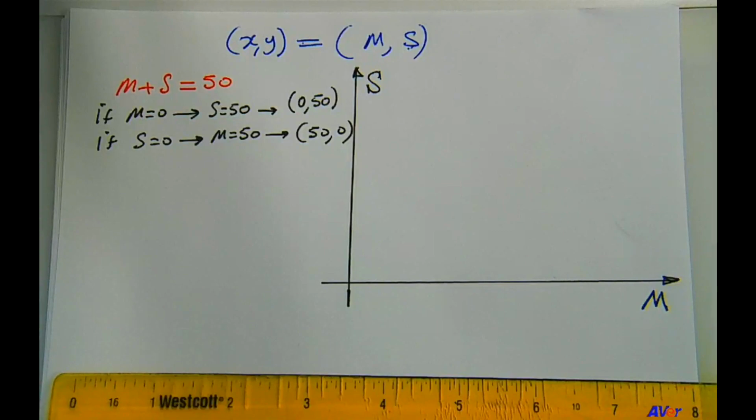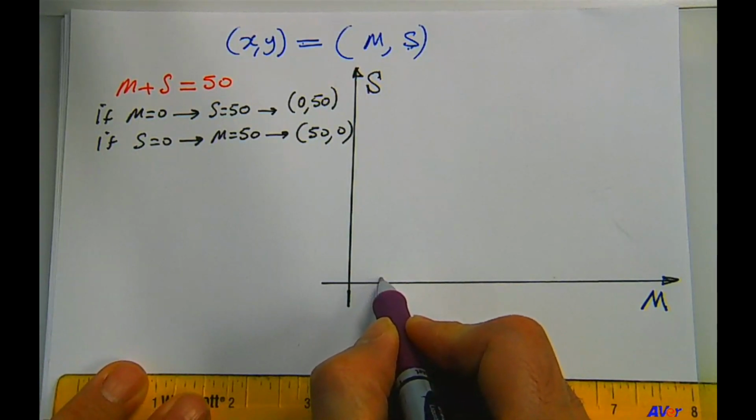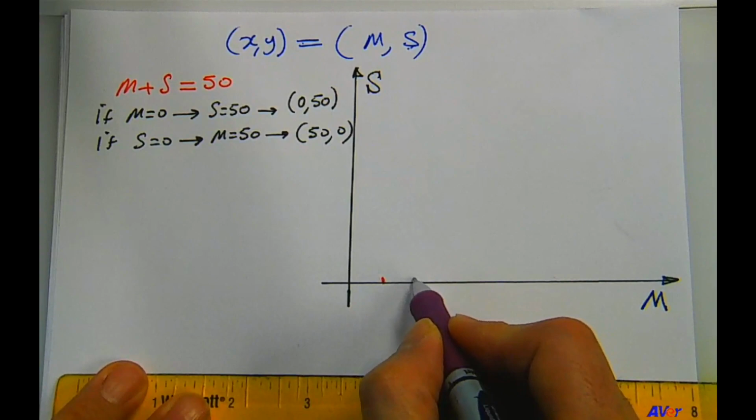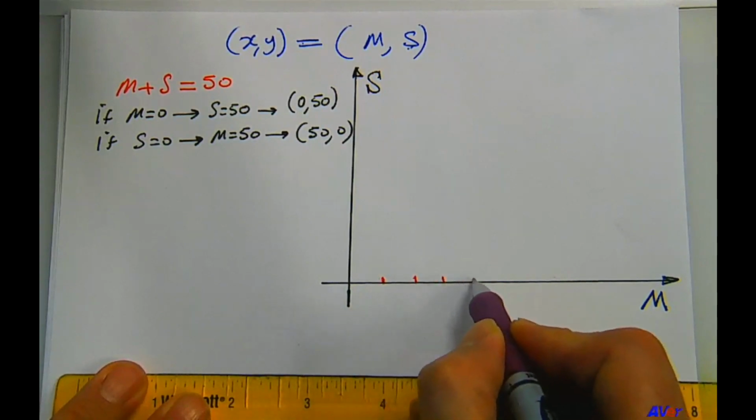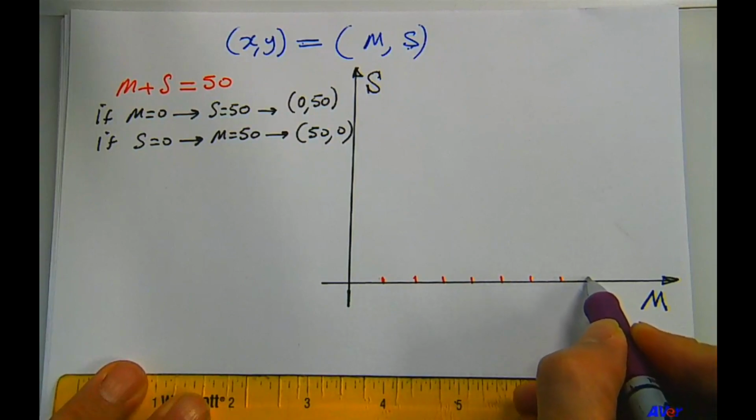These numbers are large, so I'm going to have to make my increments 10 wide. So 10, 20, 30, 40, 50, 60, 70, and 80.